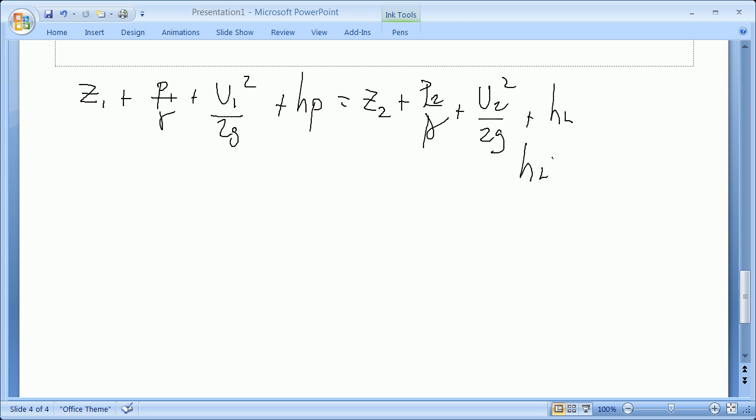And we have to know that head loss is equal to some constant times the velocity head at any one point.